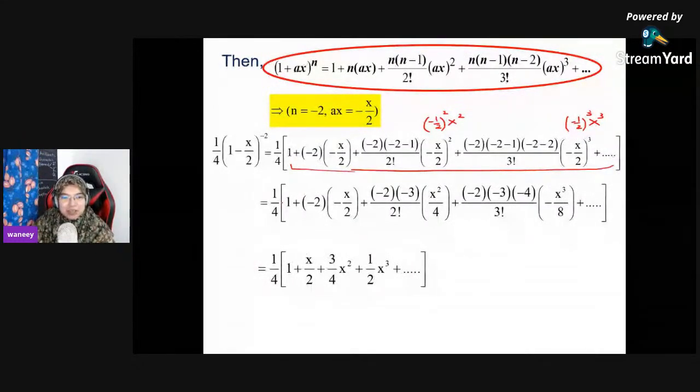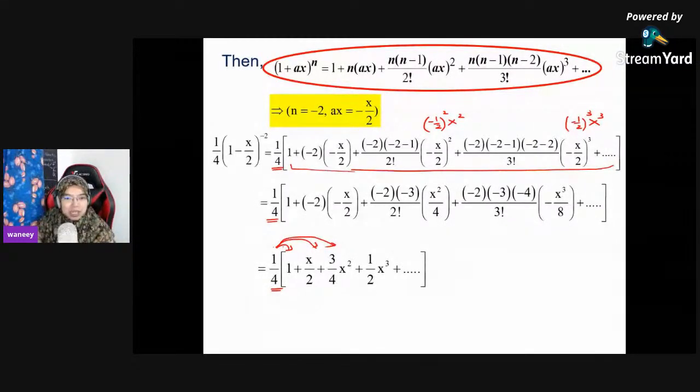So don't forget you have to write down 1 over 4 for each of them. So now let us times them in. So setiap satu term kena darab. So ada 4 term kat dalam ni, kita darab dengan 4 sekali. So multiply with everything.